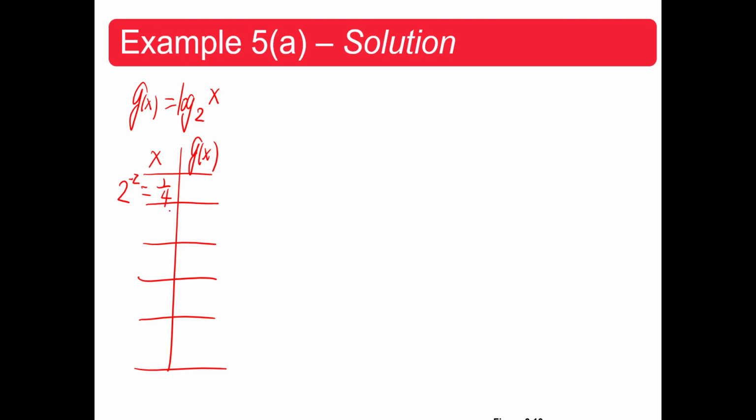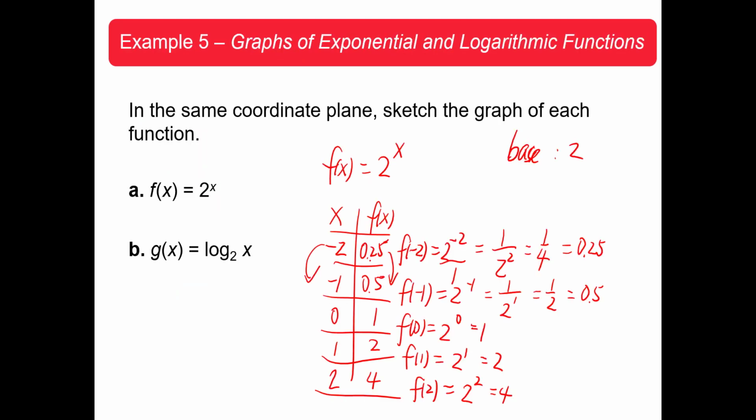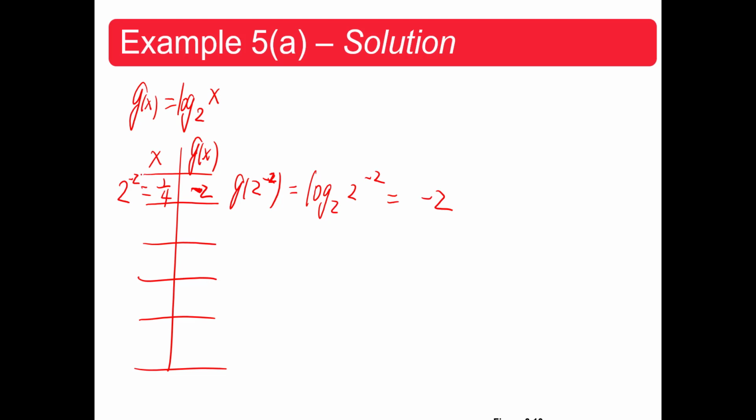And g of 2 to the -2 is log base 2 of 2 to the -2. Now, with base 2 and exponent base 2, they offset each other, so we end up with -2. Going back to the previous, you see a quarter and -2, so the x and y values just switch. We switch the x and y values to get a logarithm function.